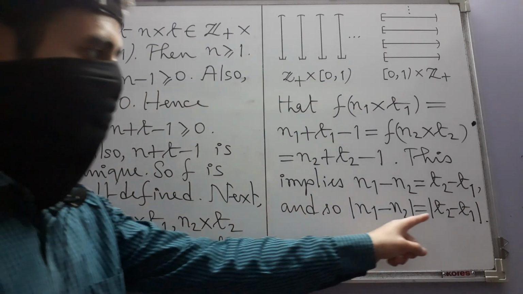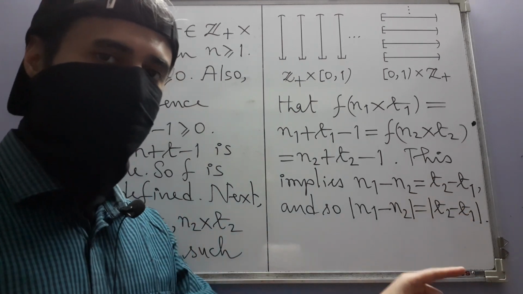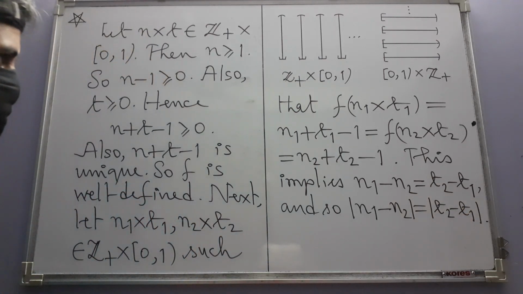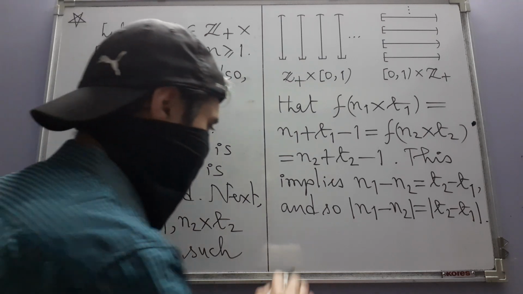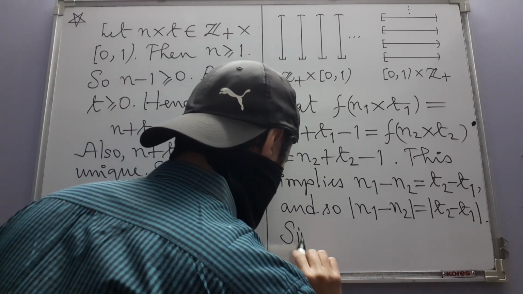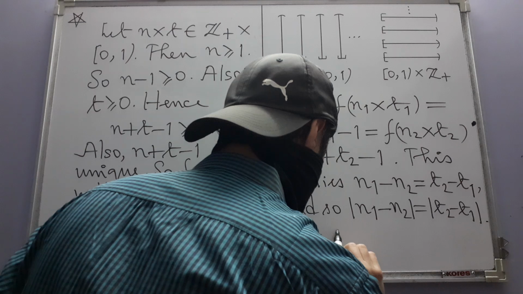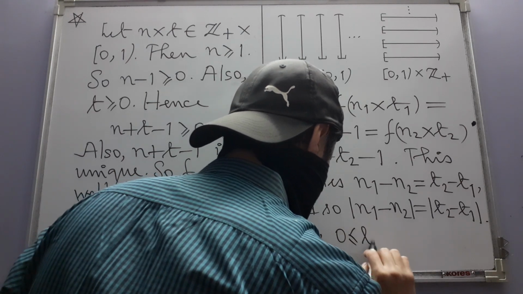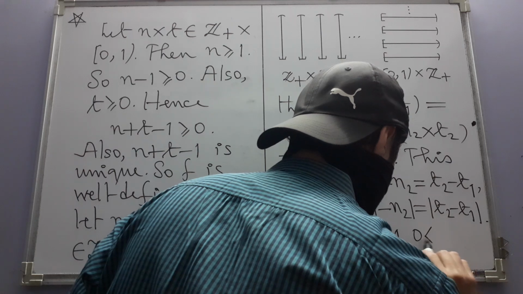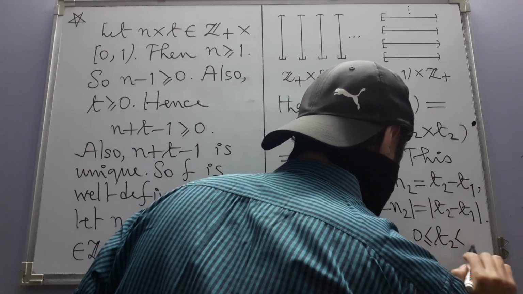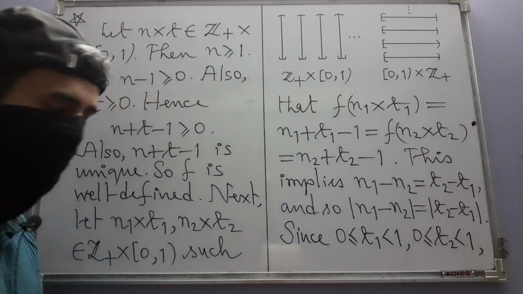Now let us see what type of inequalities t1 and t2 satisfy, because both of them are coming from this half open interval. Since 0 is less than or equal to t1, which is less than 1, and 0 is less than or equal to t2, which is less than 1.